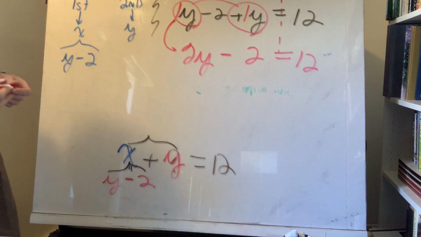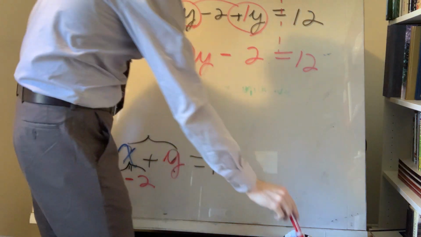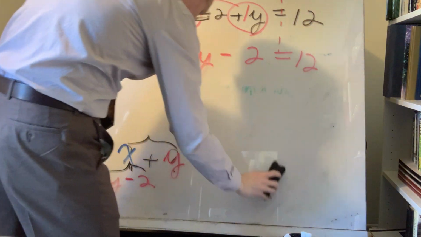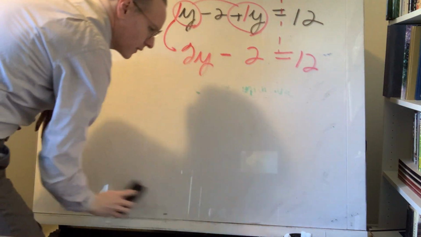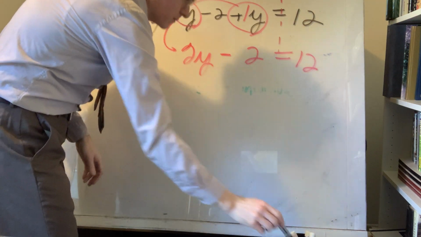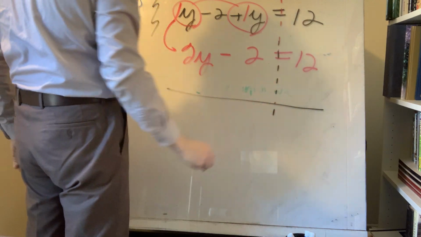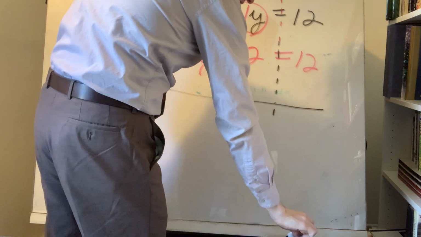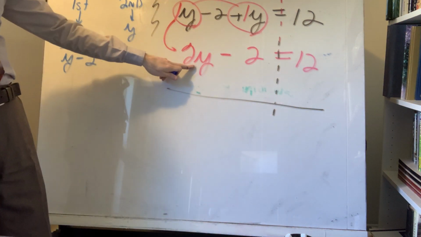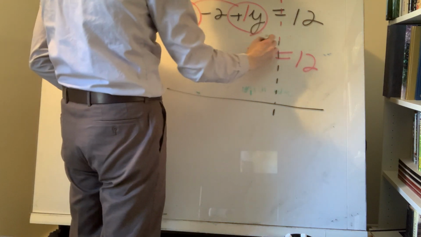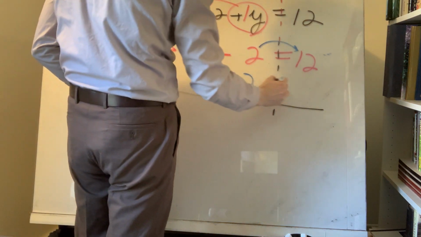And now I have this two-step algebraic equation. So I'm going to build a little table to get through this. I am going to isolate the letter y by moving the 2 first, by adding.